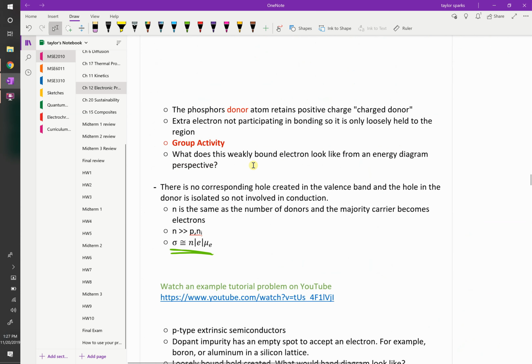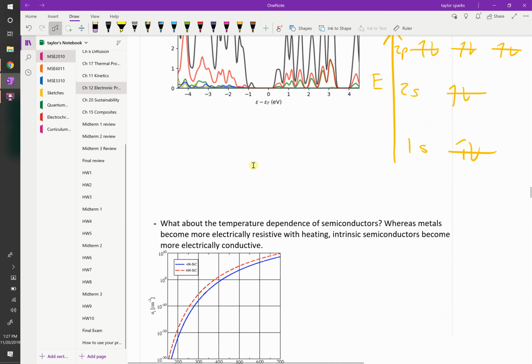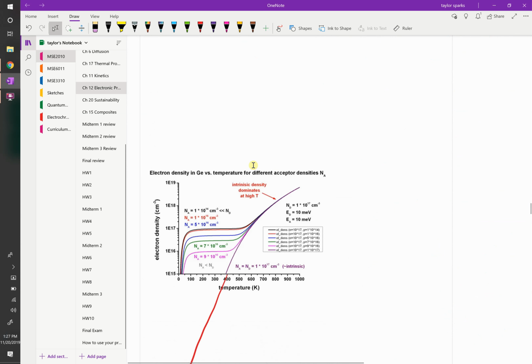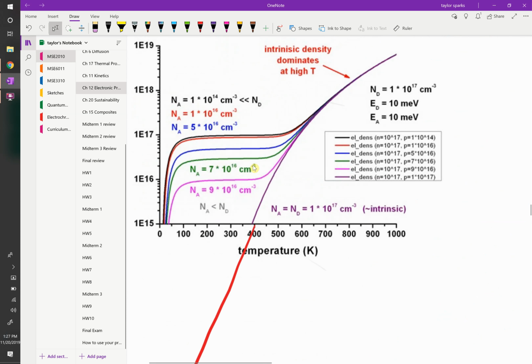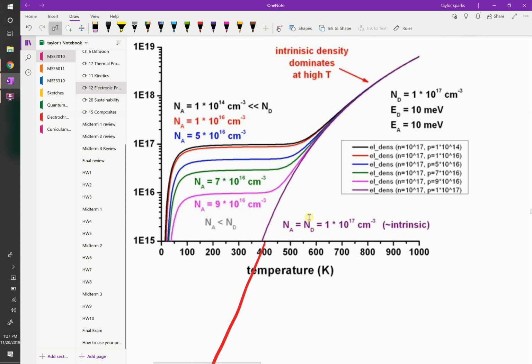Yeah. So did you say as the concentration of atoms you dope it with becomes equal to the concentration in the lattice, it just becomes intrinsic? So the trick here is take a look at this. They show that the intrinsic carrier concentration is 10 to the 17th. And here they're showing different amounts of acceptor ions. An acceptor ion, a dopant that's an acceptor, is something like boron.